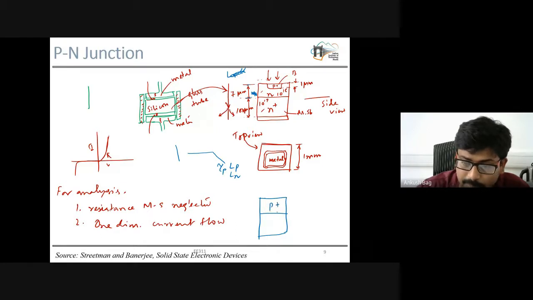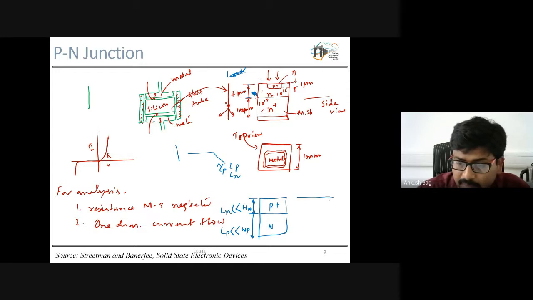Here let's say p, this is the n, and this is Wn. Remember, this is the p region, where electrons are minority carriers and start recombining, so Wn is here. And here we have Wp, and this is very much greater than the diffusion length of the hole. This is very much greater than the diffusion length of the electron.